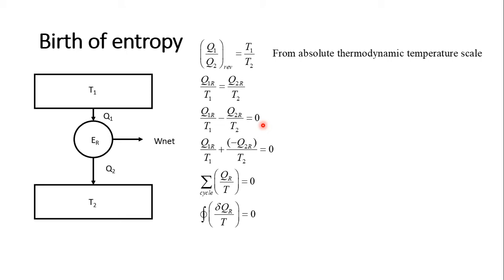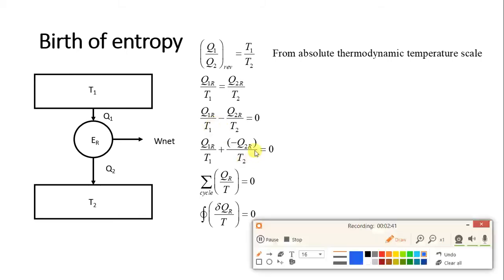Now we will apply the sign convention. Let me show you the sign conventions. What I have done over here is, this heat Q1, if you see, is added to the engine. If you consider the Carnot engine, heat is accepted by the engine, so this heat for the engine will be positive.